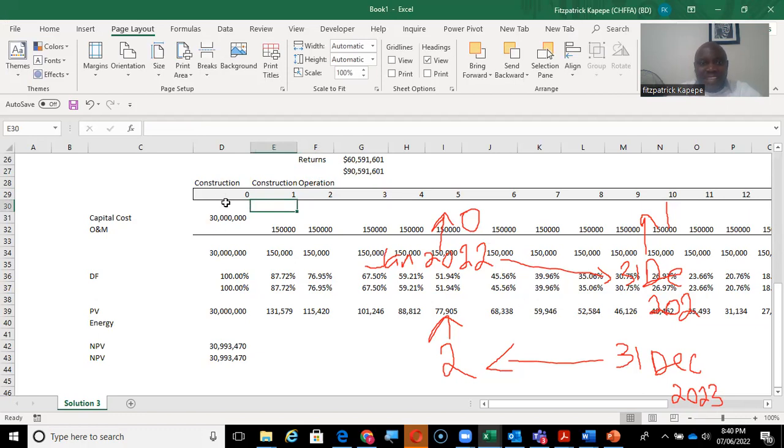So here in year 0 is January 2022. Year 1 is 31st December 2022. Then year 2 is 31st December 2023, where you have now full production, meaning that here you're not going to have any amounts.